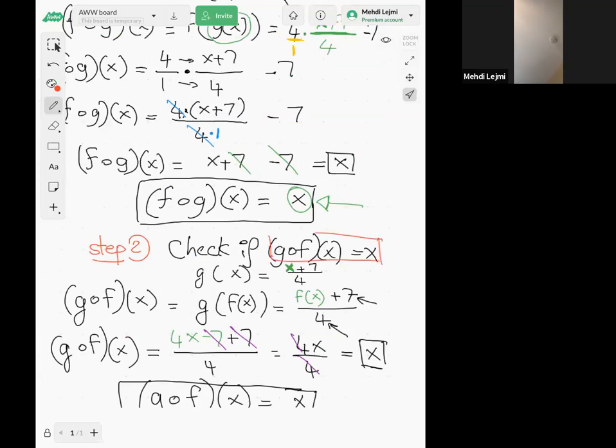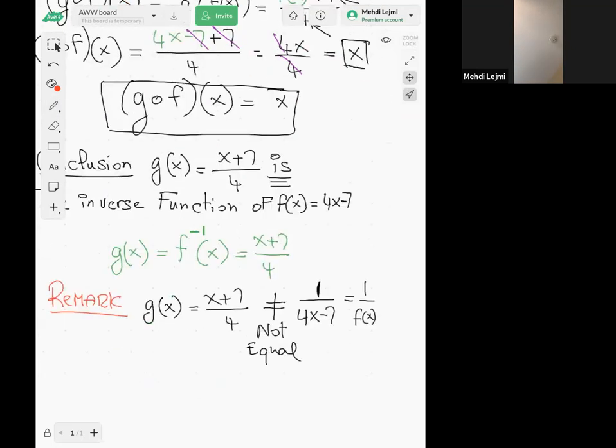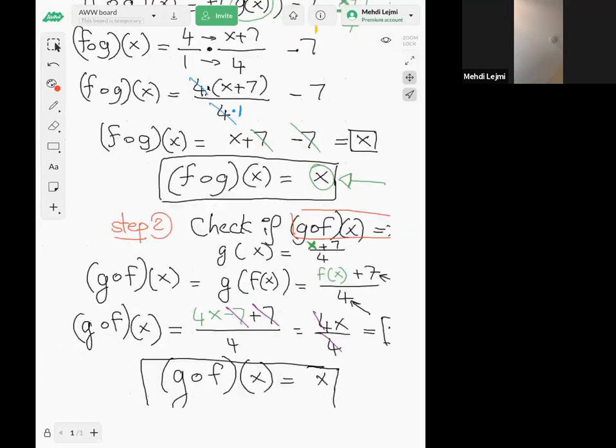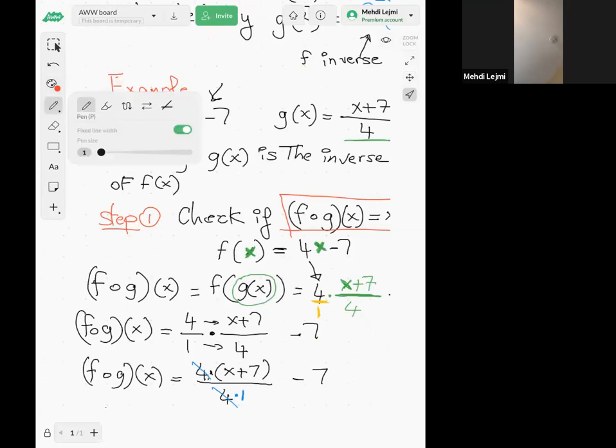If it's not equal to x in step 1 or in step 2, then this function wouldn't be the inverse. Let me give you an example where it's not the inverse, all right? So this is example 1.